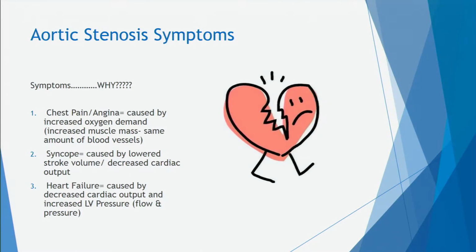So they experience angina or chest pain related to that increased left ventricle wall size. They may have syncope, so they have a lower stroke volume, or the amount of blood they're able to push forwards is lower, so they're going to maybe be dizzy. And then ultimately, like I said, they're going to have heart failure caused by the decreased cardiac output and that increased left ventricular pressure.